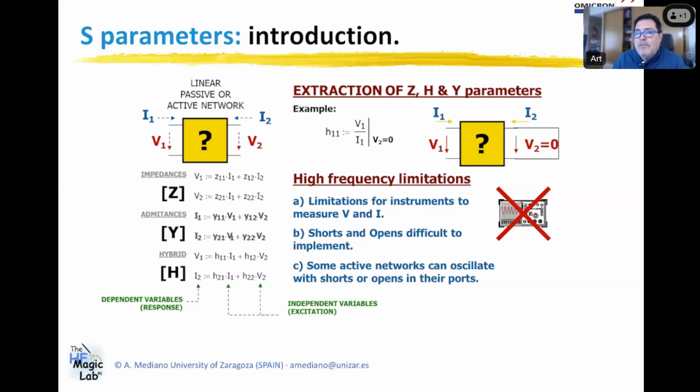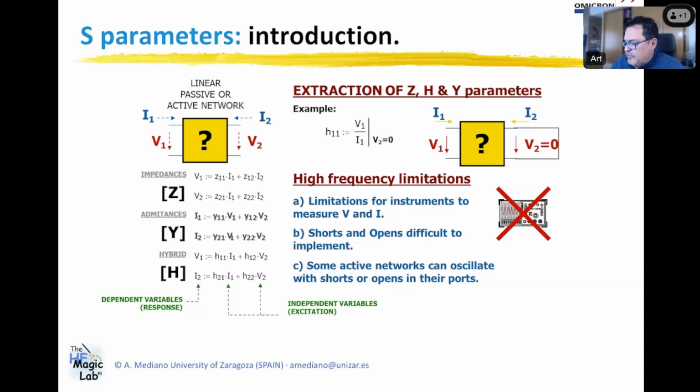But the moment you start to work with some kind of non-linearity, for example, saturation in inductors or saturation in your transistors, the possibility to work with S parameters is limited, and you need special S parameters for nonlinear systems. Today we will be talking about S parameters for linear systems, and the filters we will be analyzing are linear. So how are we able to characterize this kind of network?